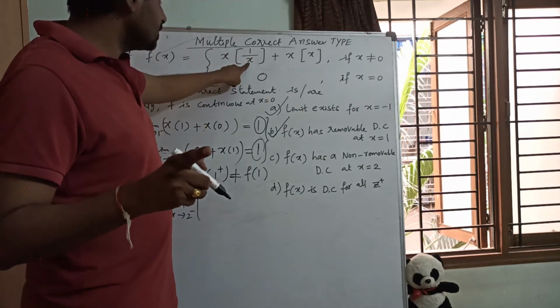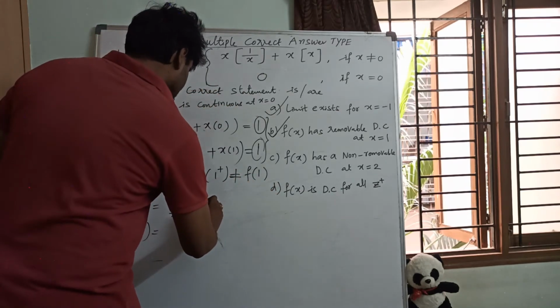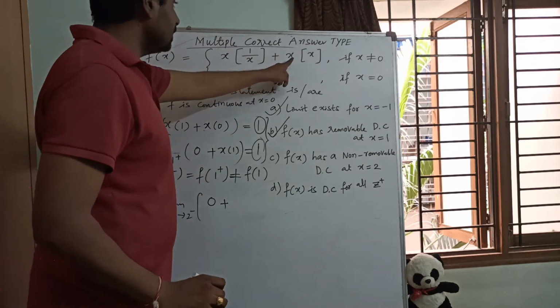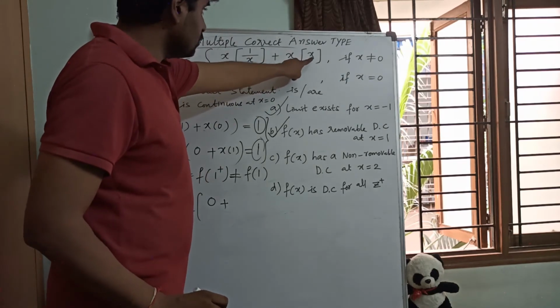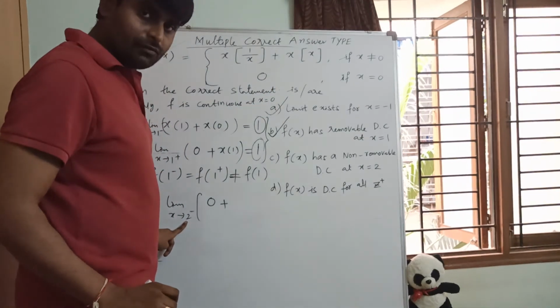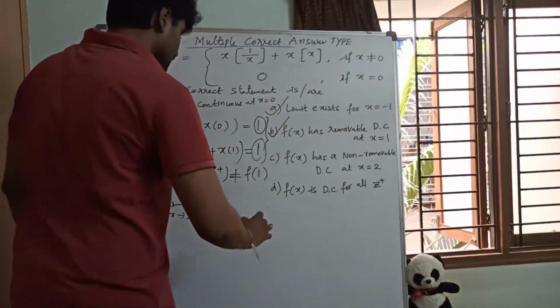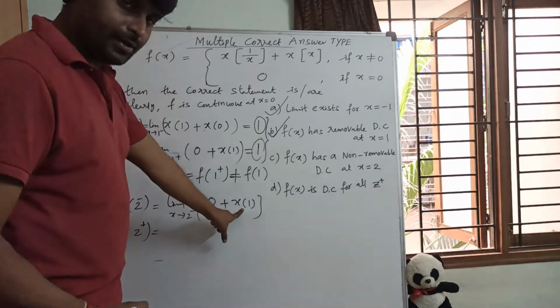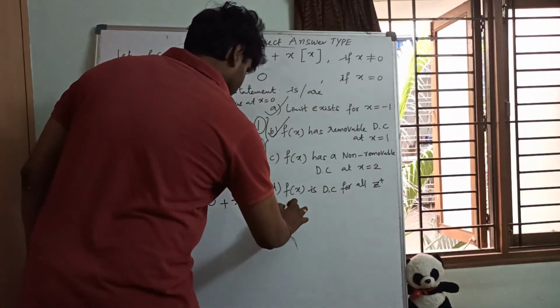So 0 point means 0. So x into 0, this will be 0. Now here x only. 2 minus means 1 point change. Step of 1 point change is 1. So x into 1. Now substitute 2 in place of x. So what do we get? 2.